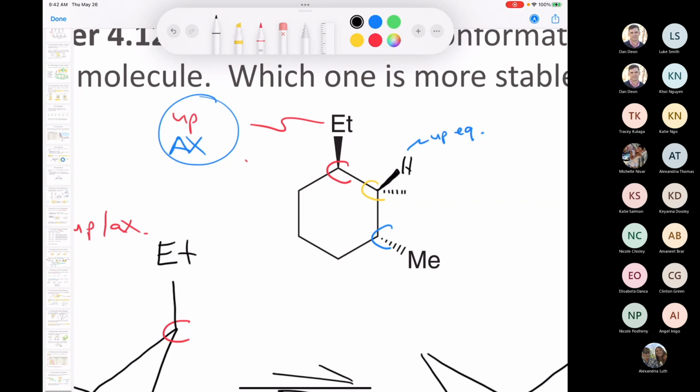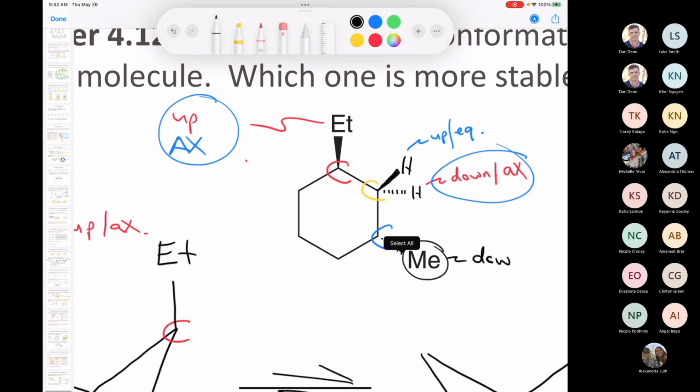Since every carbon has one axial and one equatorial group, this hydrogen is going to be down and axial. So up and equatorial and down and axial. Well, if they alternate, right? So if this hydrogen that's going down is axial, that means that the methyl group here is going down. And since axial and equatorial alternate, this must be down and equatorial.